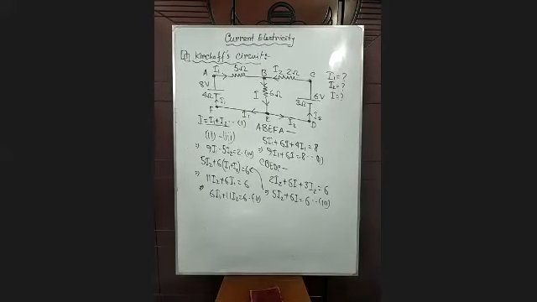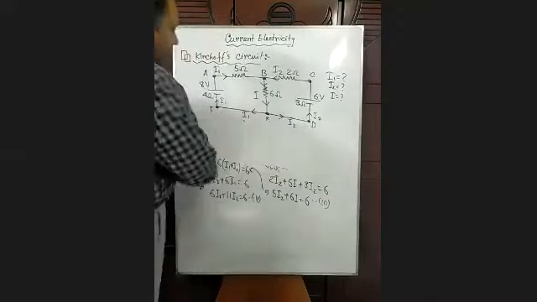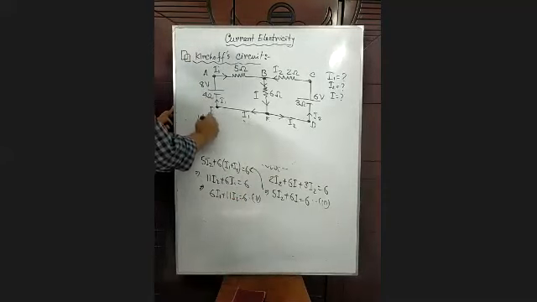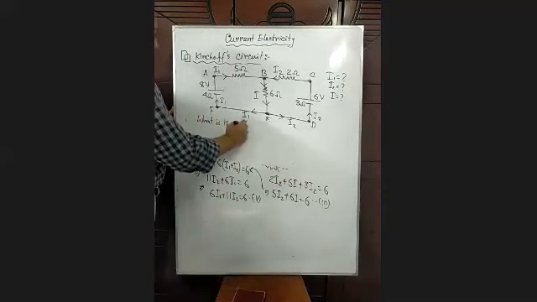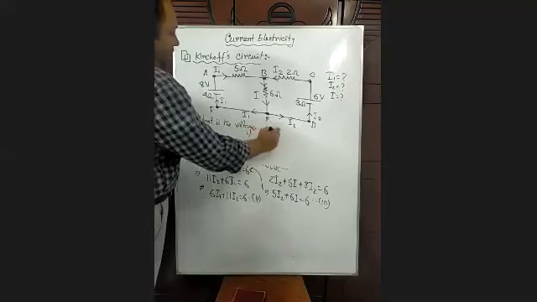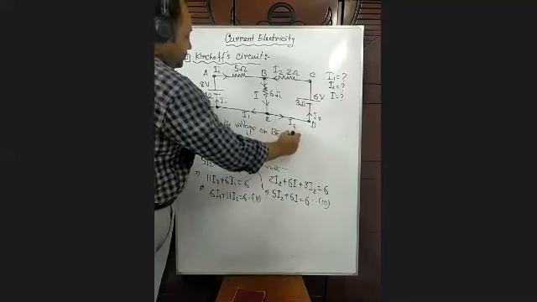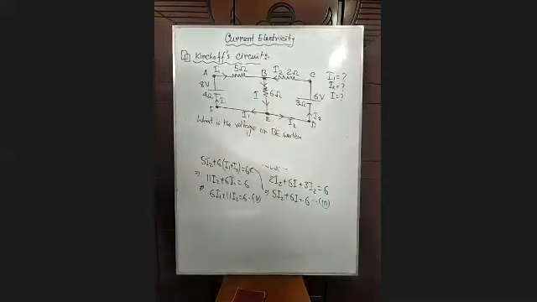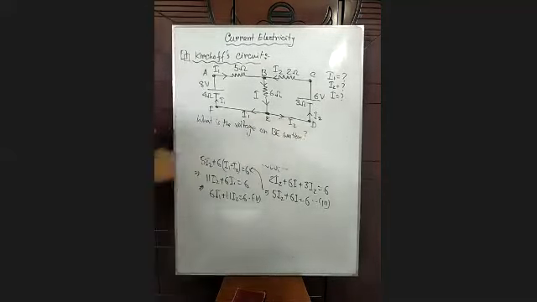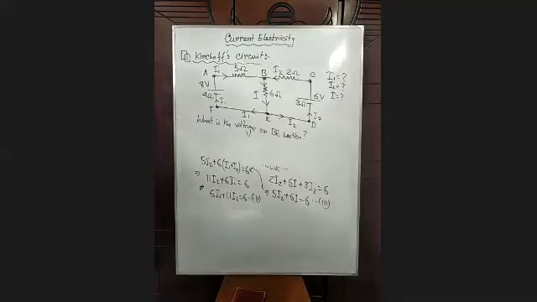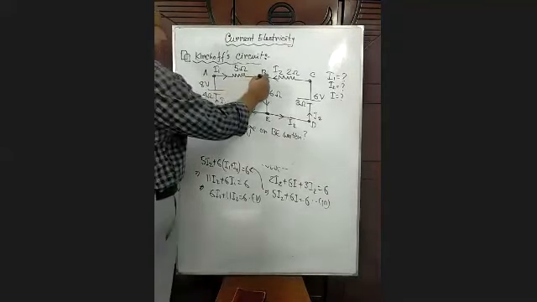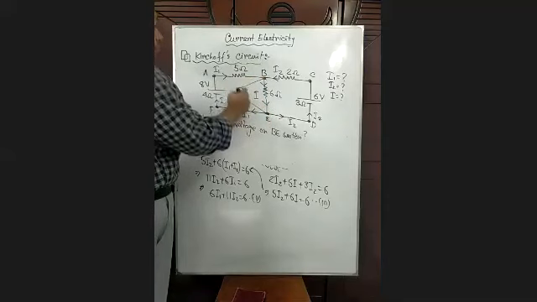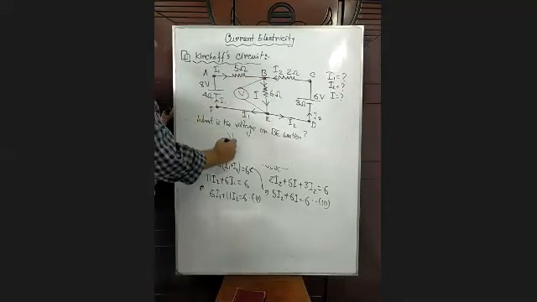Okay. If you are asked to determine the voltage on the BE section, suppose I say, what is the voltage on BE section? If you are given this type of question, so if a voltmeter you can place here, you can use the equation V is equal to IR.